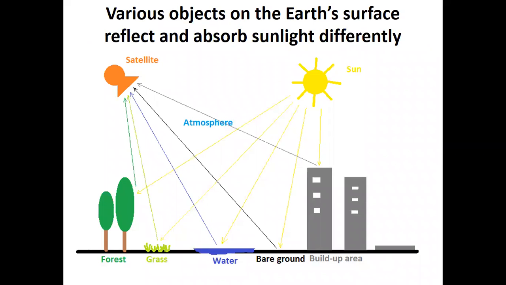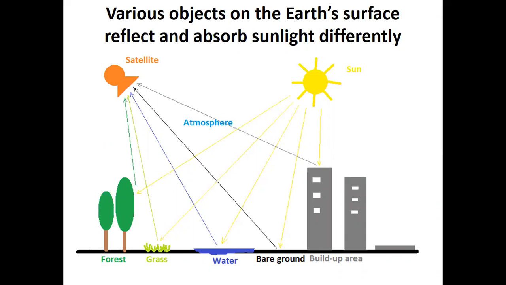But what is also important is that different objects on the Earth's surface reflect and absorb sunlight differently. The sunlight goes through the atmosphere, is partly absorbed or scattered in the atmosphere, but the biggest part reaches the surface of the Earth.